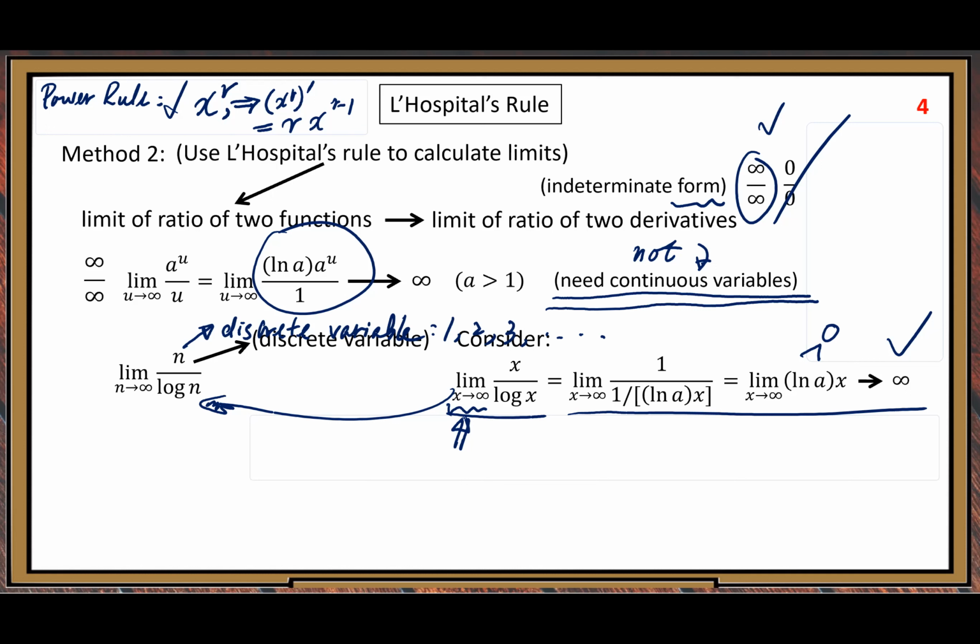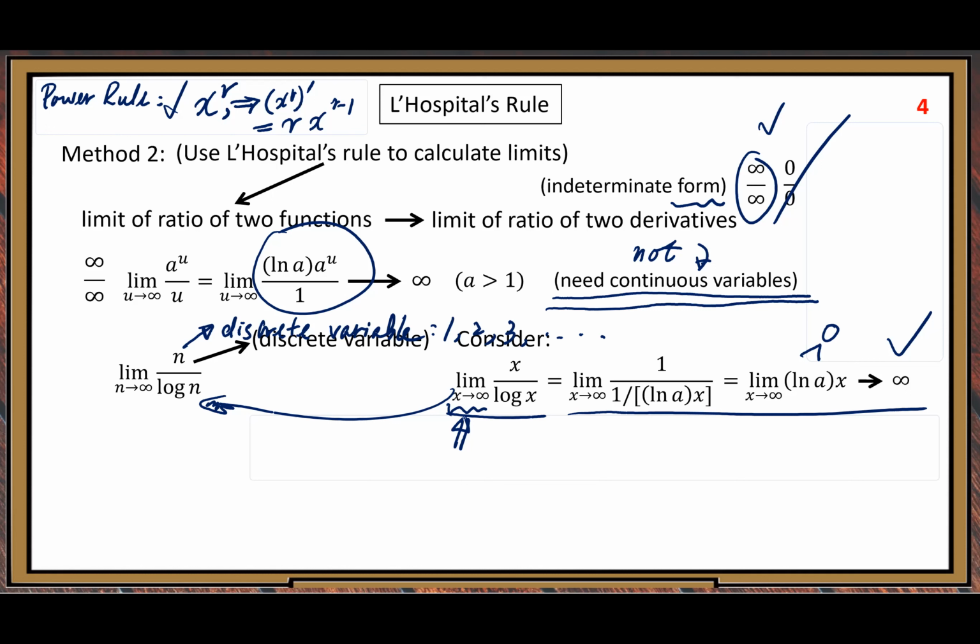How do you know which way? Based on the condition here, we only need x approaches infinity. That's the only thing we need. But how does it approach infinity? Do you know the details? It does not say that.